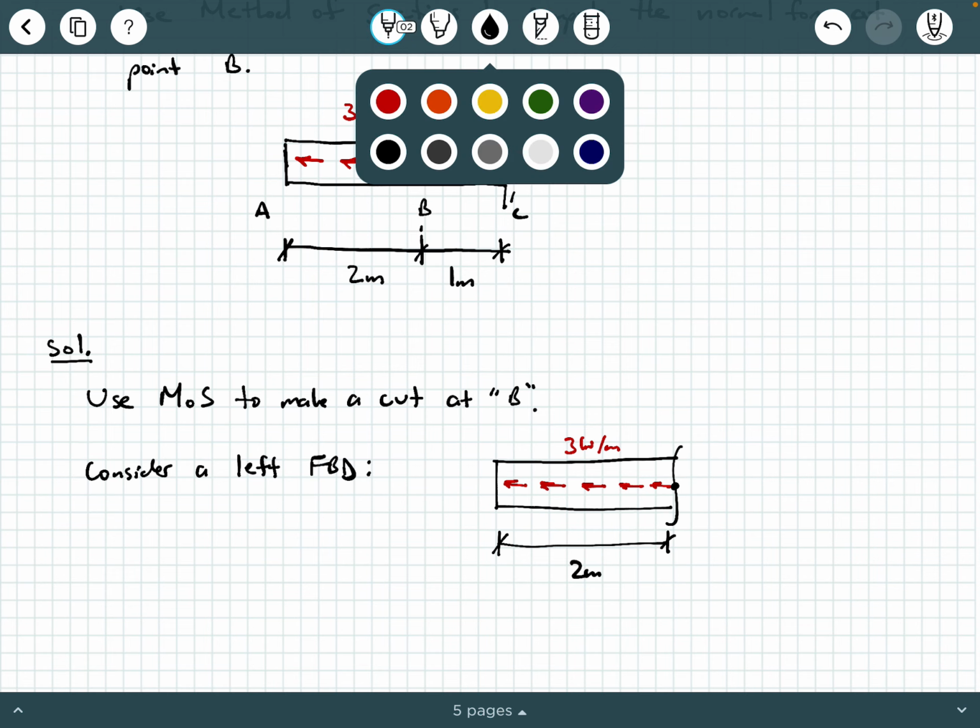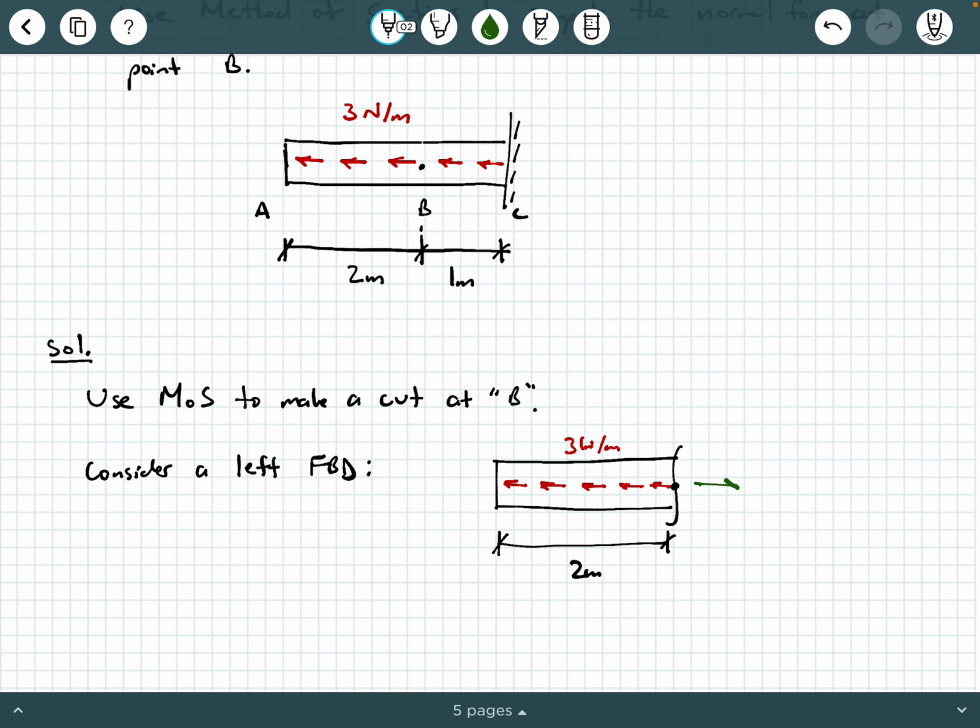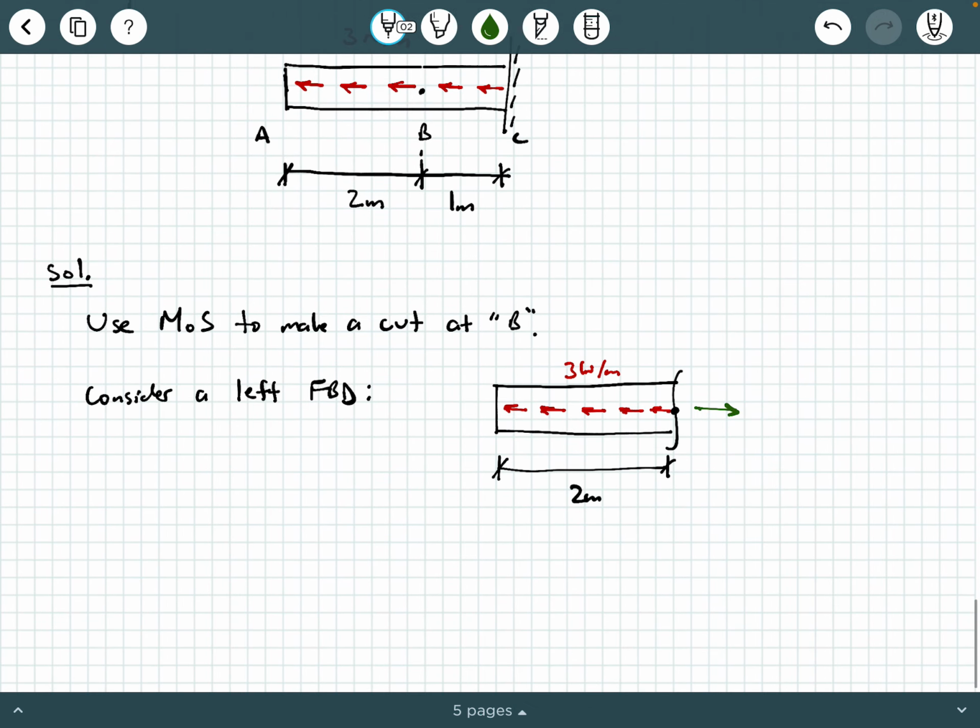So what becomes visible here? Well, I'm going to have a normal force at point B, and I'm going to have a shear force. Let me back this up a little bit. I'm going to have a shear force at point B, and I'm going to have a bending moment at point B. Now, if you've watched my previous videos, this is an axially loaded system.